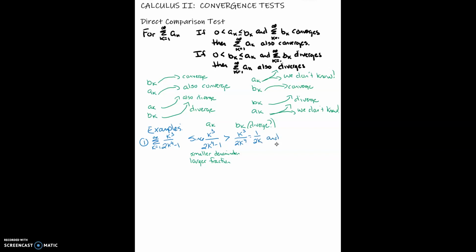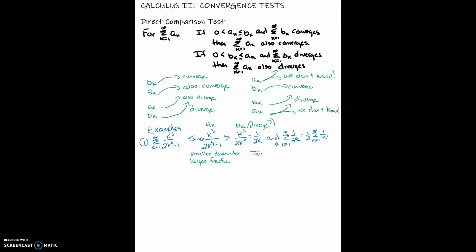And now I'm going to take a look at that series. k goes from 1 to infinity of 1 over 2k. Notice I'm just taking this and writing it as a series rather than a sequence. Also notice that I can factor out this 1/2. And let me go ahead and put an exponent of 1 there because that looks familiar to me.